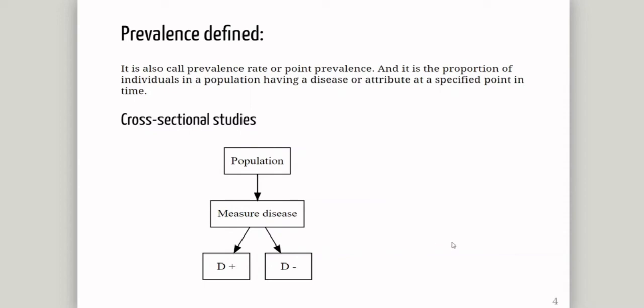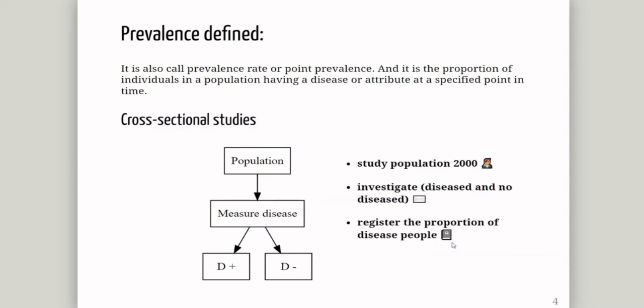So let me show an example of this. Imagine we have a study population of 2,000 individuals, and we want to investigate whether they are diseased or not. We do this by sending a letter, and we ask them whether they are diseased or not.